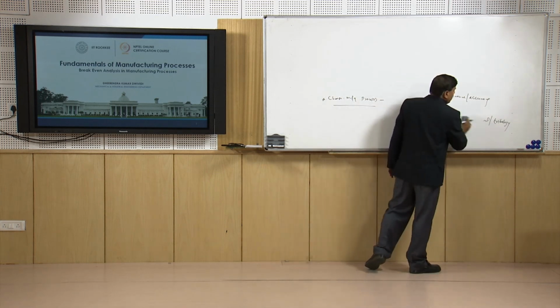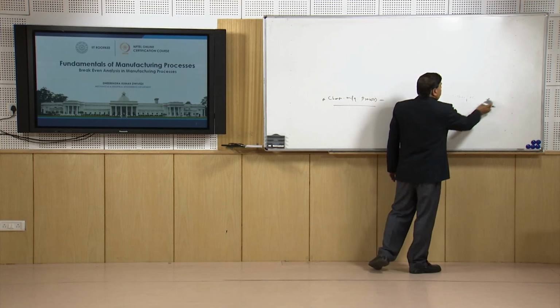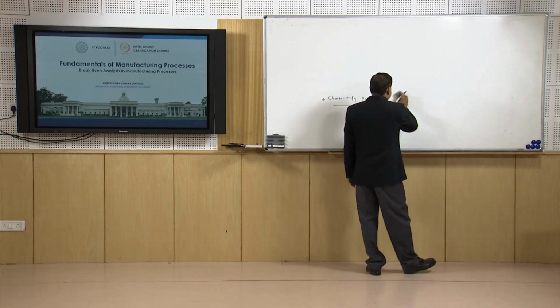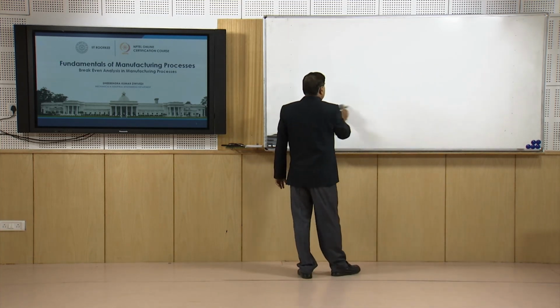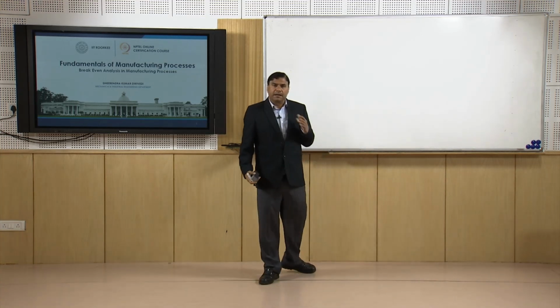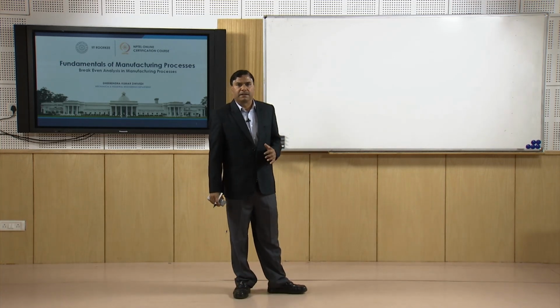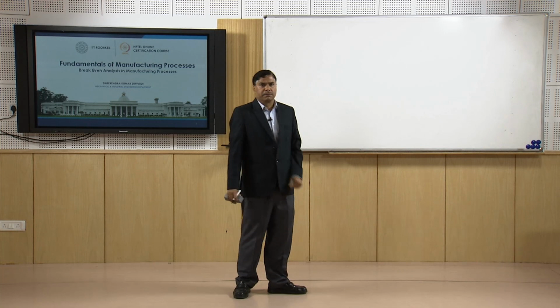Break-even analysis actually helps in identifying the best process or best combination of processes in such a way that we are able to manufacture the product with the requisite properties and characteristics at the lowest possible price.